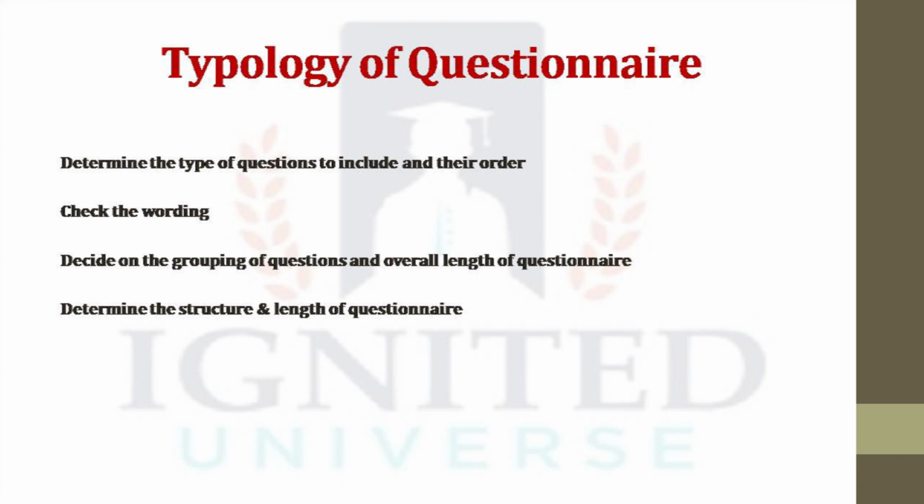So, we should be very careful in determining the opening questions, as opening questions are crucial in gaining the confidence and cooperation of participants. The questions should be interesting, simple, and non-threatening. Questions that ask participants for their opinions can be a good start because people like to express their opinions.